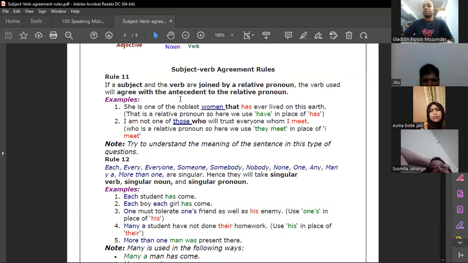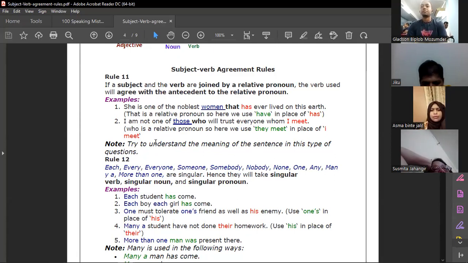She is one of the noblest women. Here the noblest woman refers to one particular person among many, not talking about all of the women, talking about a particular woman that has. Here a note is given: try to understand the meaning of the sentence in this type of question.